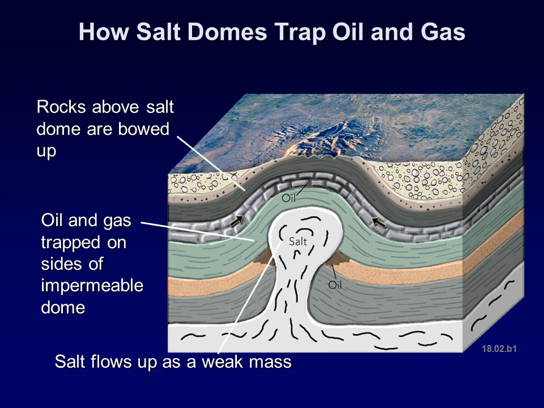Okay, so again, the rocks above the salt dome get bowed upward, and petroleum can get trapped in top of the dome as well. Because now, over that salt dome, we have an anticline. Okay, so in this area, you can either find it along the sides of the salt deposit, or you can find it in the anticline above it.